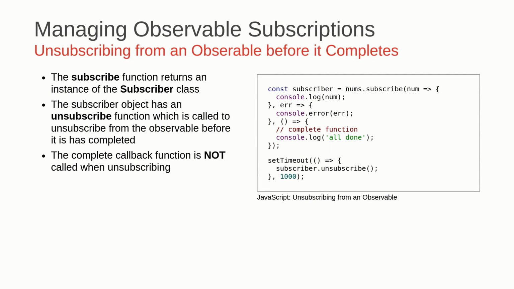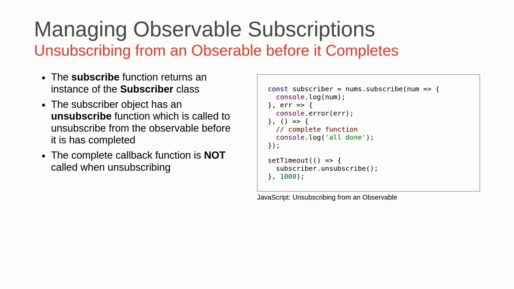Now, let's say you have a scenario where you have a long-running observable that you want to leave, or one that really never does end. You actually have to unsubscribe from it. When you call the subscribe function to subscribe to an observable, that function returns a subscriber object. On that subscriber object is an unsubscribe function that you can call if you want to unsubscribe early from the observable.